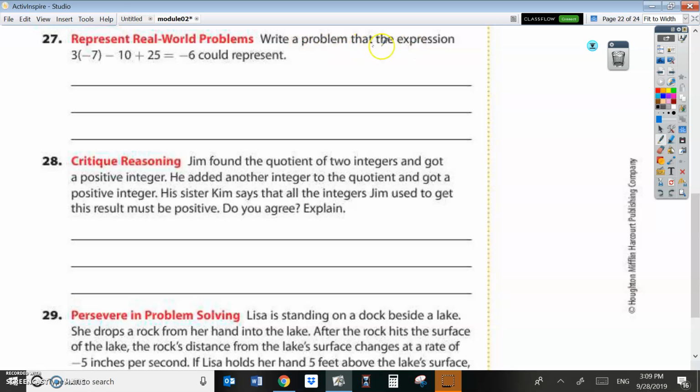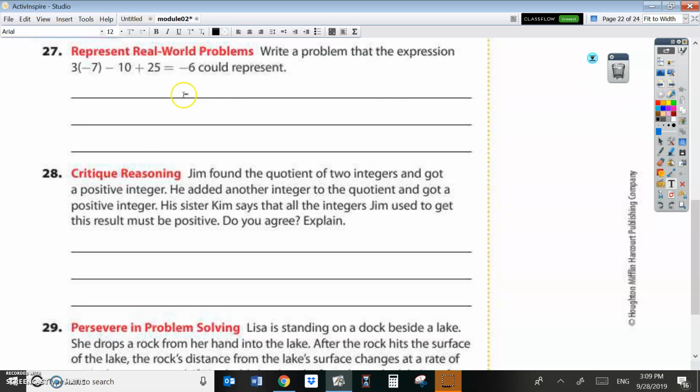Write a problem that the expression 3 times negative 7 minus 10 plus 25 could represent. Alright, cool. Bill bought 3 shirts, each for $7.